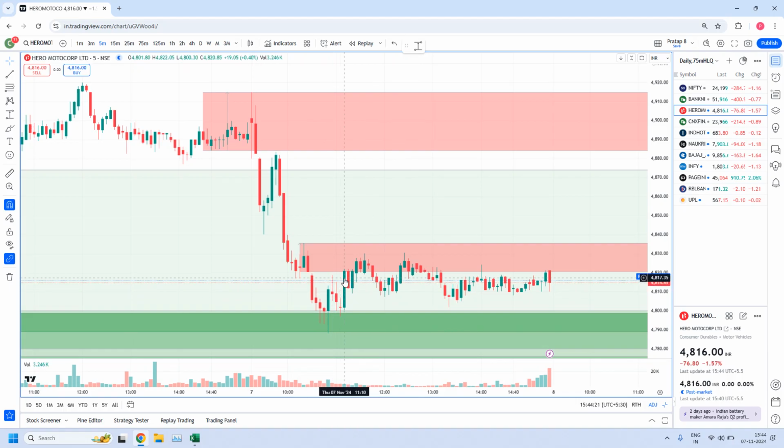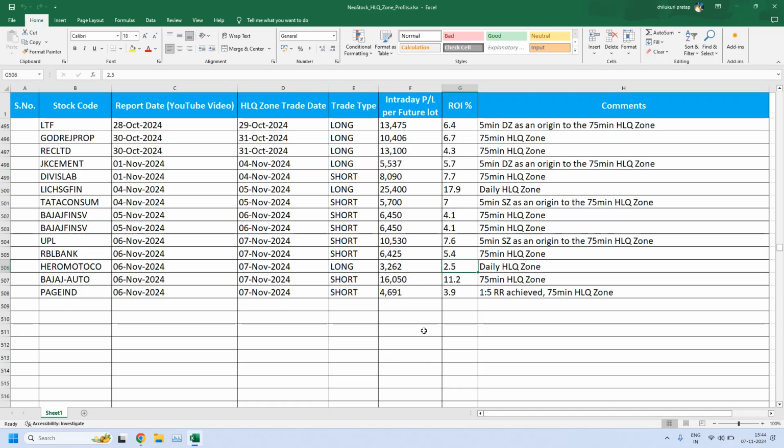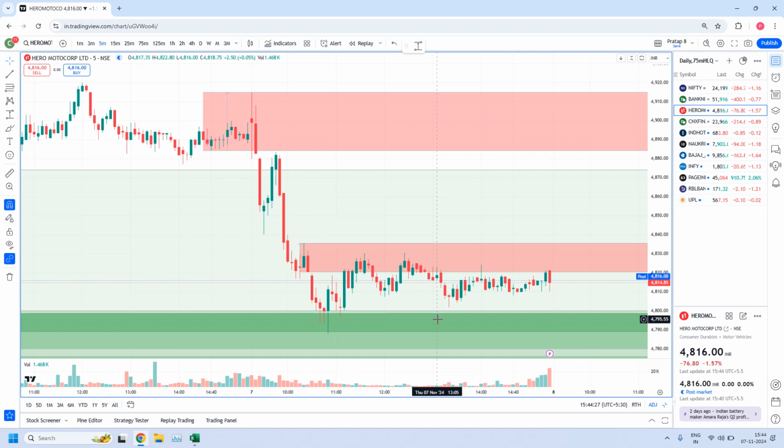That means within 30 minutes the trade is completed. That means in 30 minutes, we got 2.5% ROI on our investment. This is at 10:40.